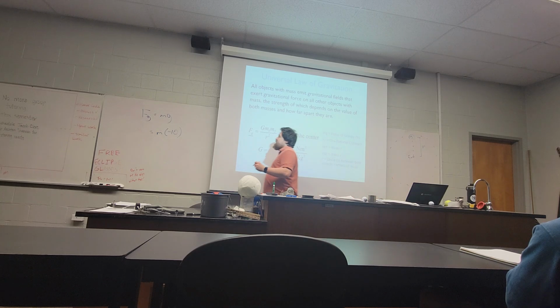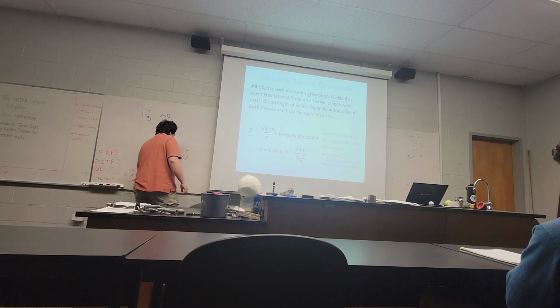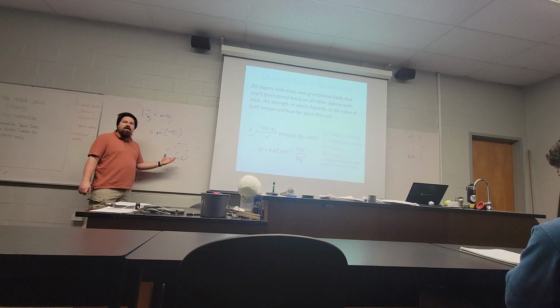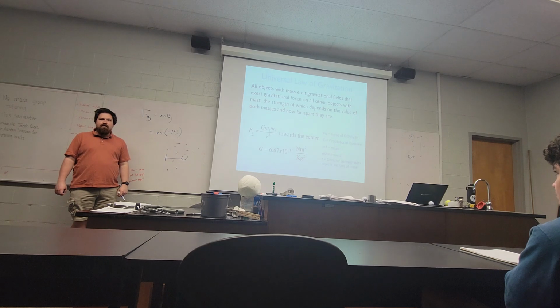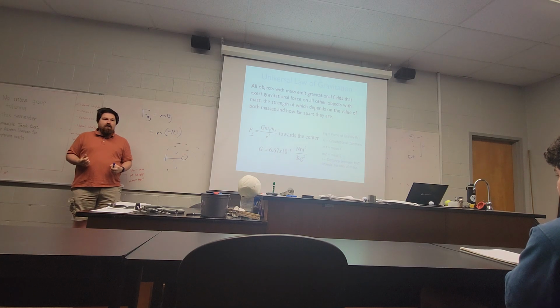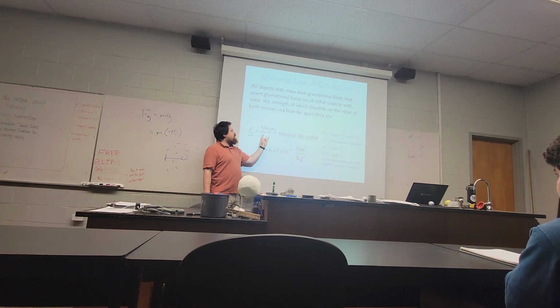Every object, as long as it has mass, exerts a gravitational field out in all directions, and the r is the radius of that giant circle. So the r is how far apart the two objects' centers of mass currently are. This means that gravity, the strength of gravity, depends on the value of the masses and how close the two objects are.